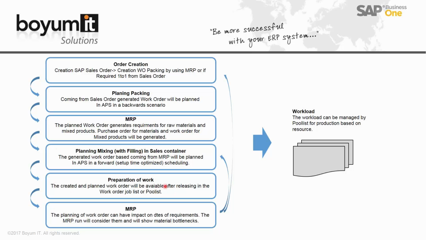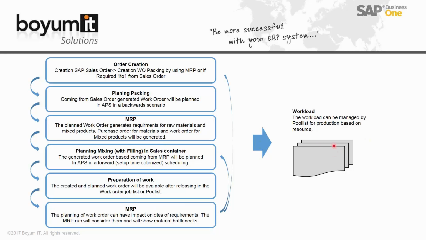And as a result, you get a work order list or job list. You can use the function pool list, where you see your planned order. And of course, if you change something afterwards, you again have an MRP impact. And if you change start dates, you see here the step back, it can be that you have a new planning or changing where you can start the planning scenario again.